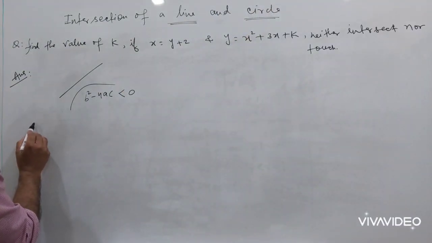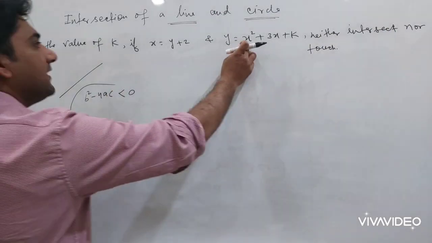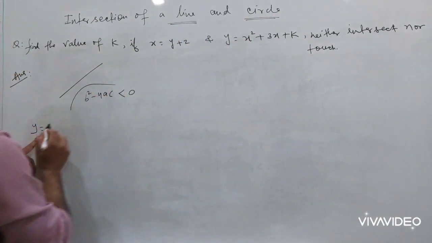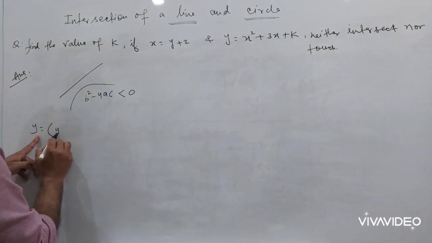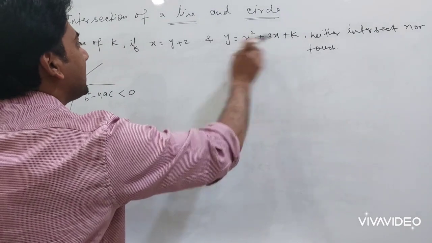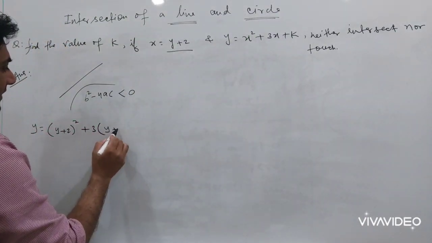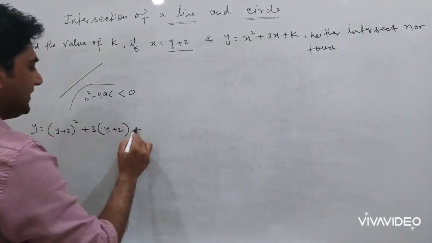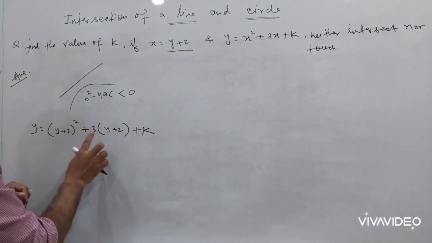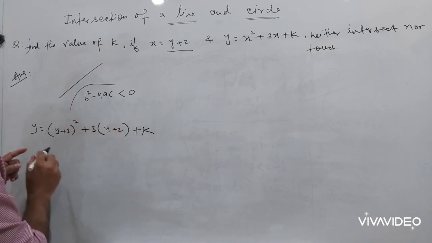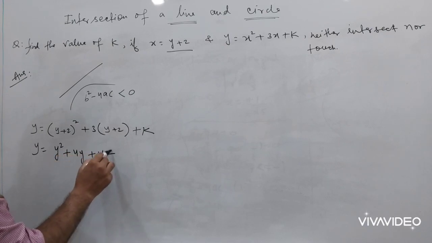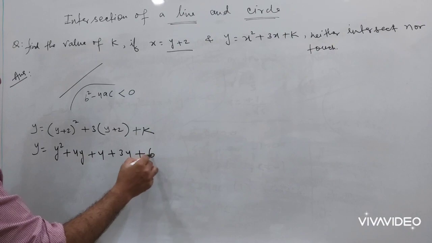Okay, so y equals x square plus 3x plus k. So I can write, instead of x, I will write y plus 2. So y equals y plus 2 whole square plus 3 times y plus 2 plus k, right? When you expand it, you will have y square plus 4y plus 4, plus 3y plus 6, plus k.